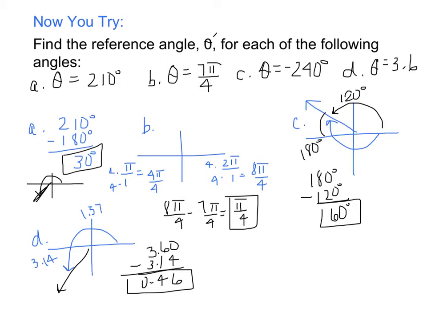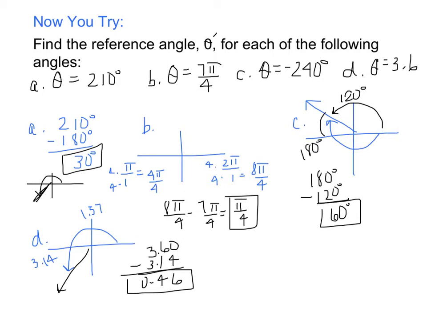And I find the difference, which would be 1 pi over 4, or 45 degrees. Then part C, this was a negative angle, so I had to go to negative 240, which lies in quadrant 2. And so since we had to make it positive, I figured that negative 240 is the same as positive 120. So the difference between 120 and 180 was 60 degrees. If you notice on all these, we're getting that angle to be acute and positive.